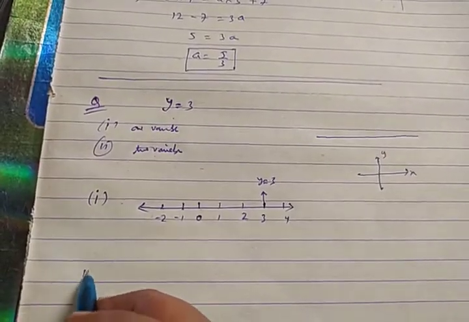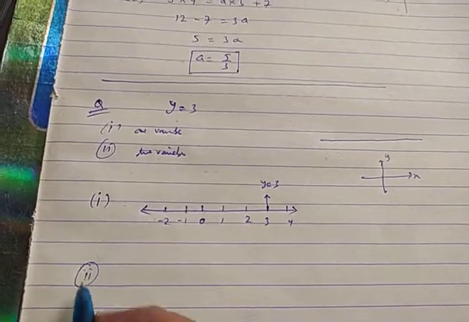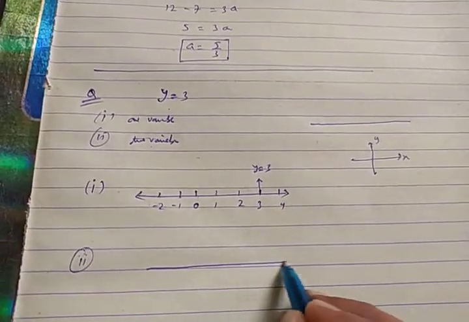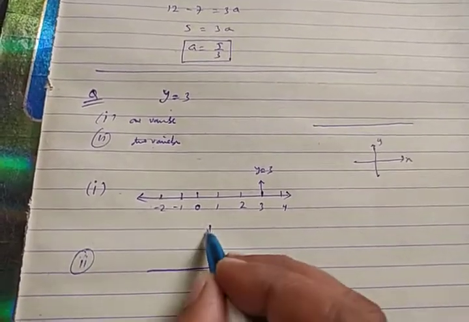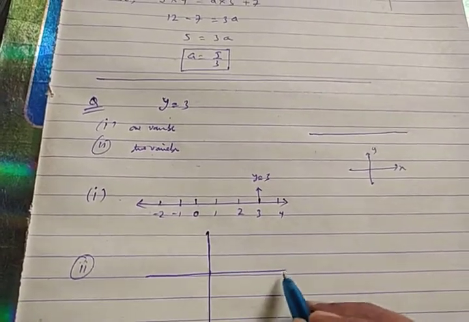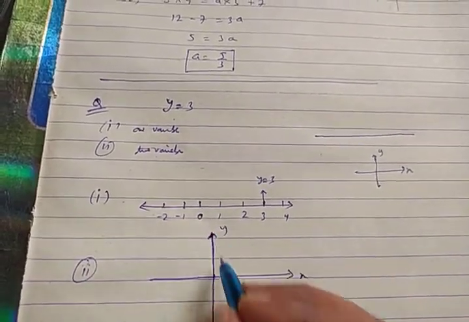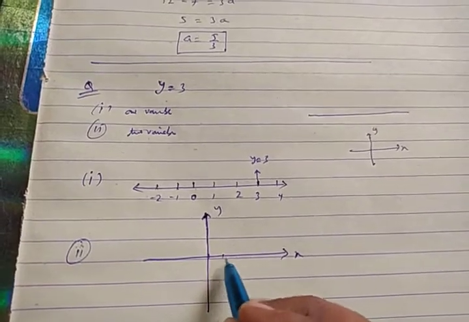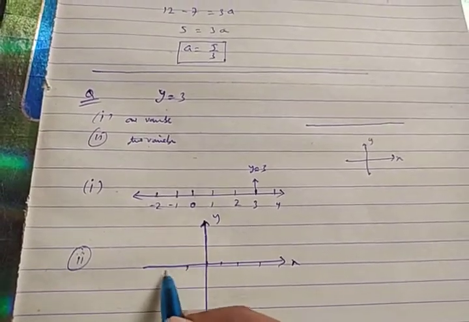When you talk about the second part, you will draw not the number line but the Cartesian plane, the x and y axis system. Again plot the points at equal distances.